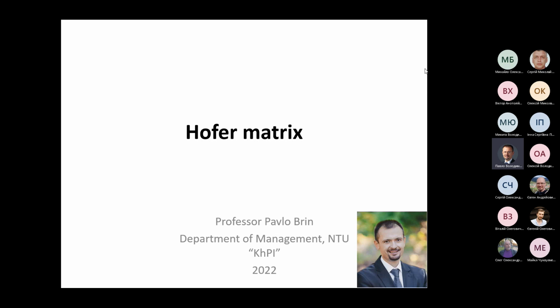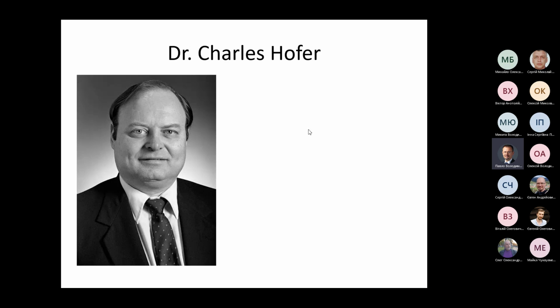So, let's begin with presenting the scientist. A short excursion into history. This is Charles Hofer. He is a very famous person in management, maybe not like Igor Ansoff, but still very well known.